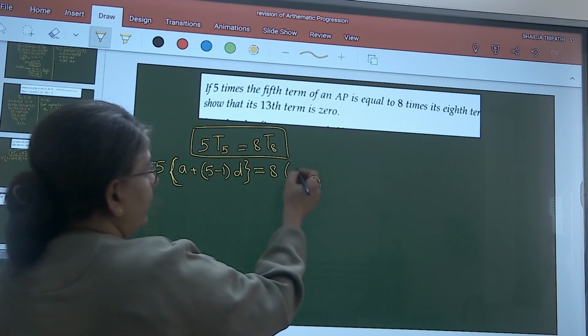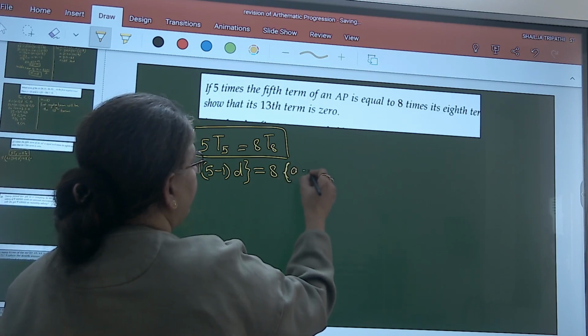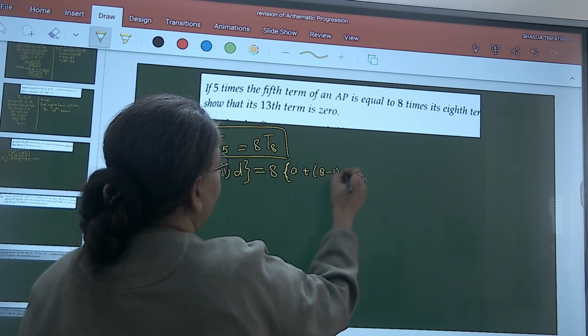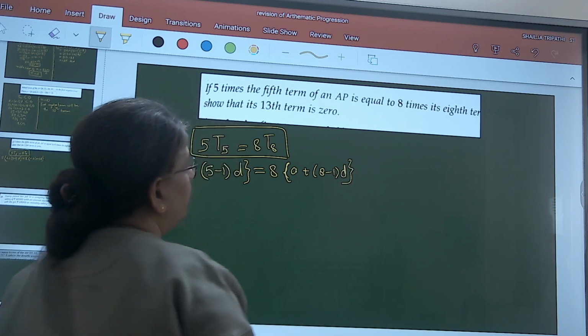So again it is written as 8 times {a plus (8 minus 1)d}.